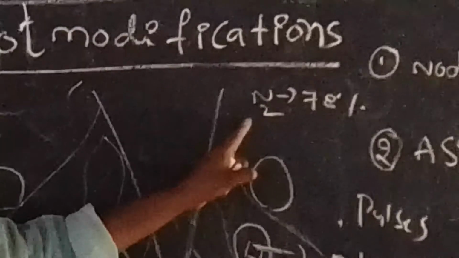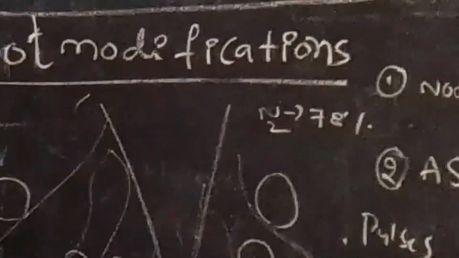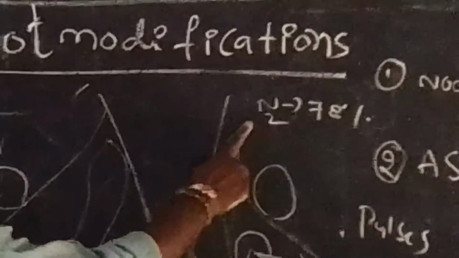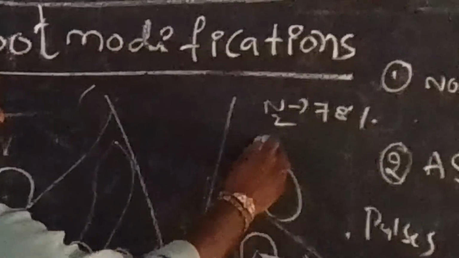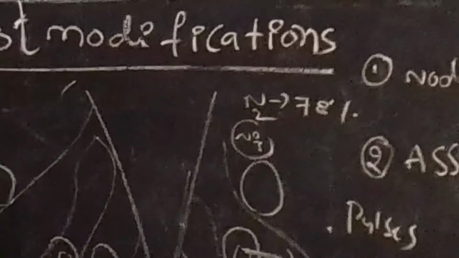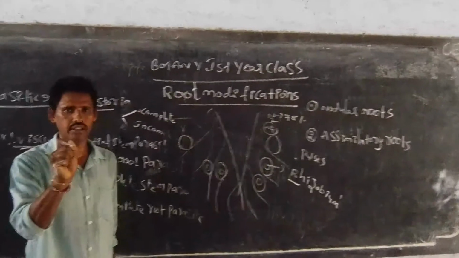Only some plants like pulses, which have Rhizobium, take atmospheric nitrogen and convert it into nitrates.